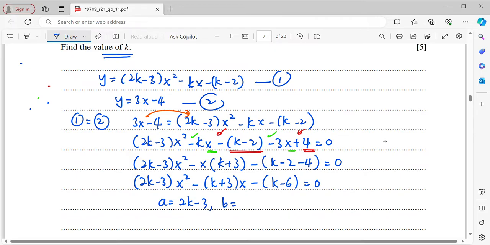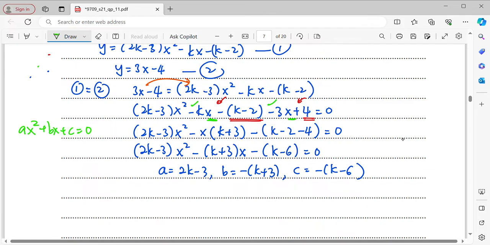And for the x, it will be b, which is negative of k plus 3. And the constant will be negative of k minus 6, which is this. Ax squared plus bx plus c equals to 0. Now we start with b squared minus 4ac equals to 0 because the straight line is a tangent.